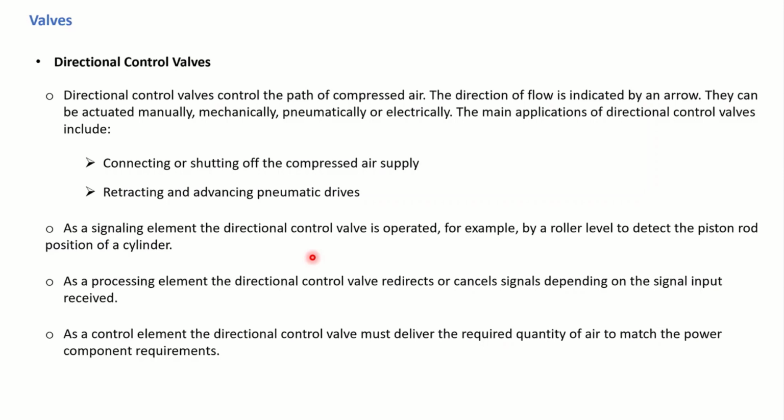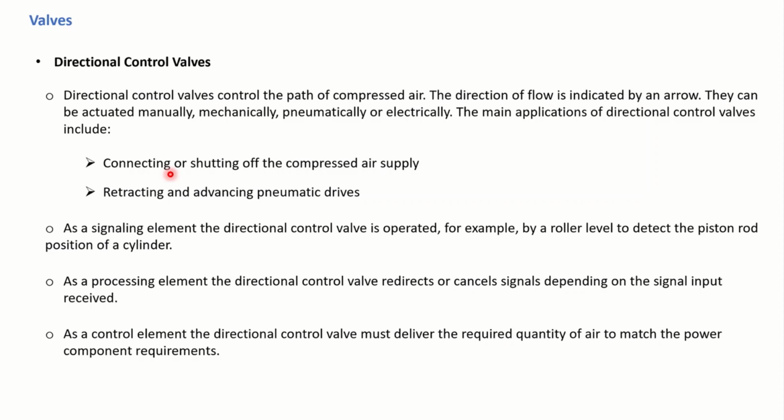So the first one, as you saw here, is connecting or shutting off the compressed air supply within the system before the actuator. And the second one is retracting and advancing the pneumatic drives, which is going to be the single or double acting cylinder, and depending on the application it can be another type of actuation mechanism too.